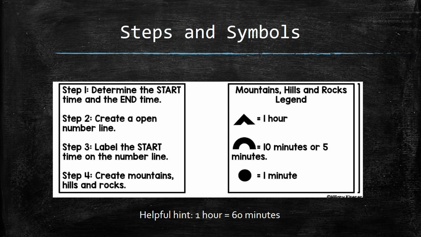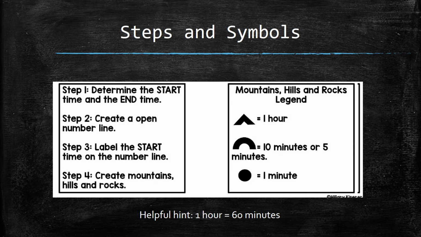Here's some steps and symbols. So step 1, determine the start time and the end time. Create a number line. Label the start time on the number line, and then we're going to create mountains, hills, and rocks. Well, those mountains, we're going to use this symbol like a triangle.